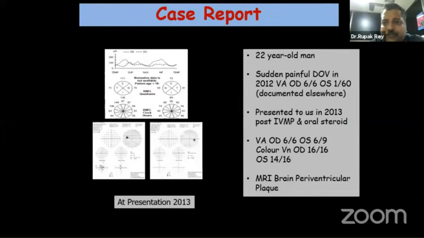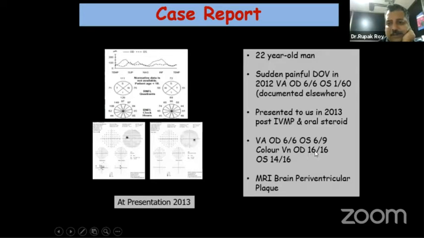This is a 22-year-old man who had a sudden painful loss of vision and presented to us in 2013 post-IVMP and oral steroids. The old documents showed visual acuity of 1/60 in the left eye, and 6/6 in the right eye. When he presented, the visual acuity in the left eye was 6/9.